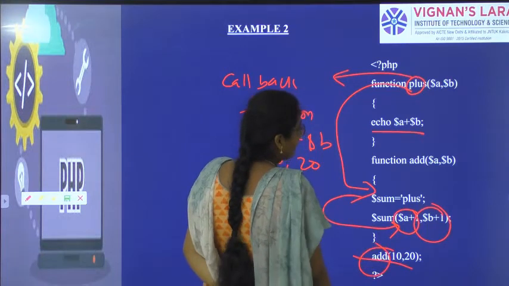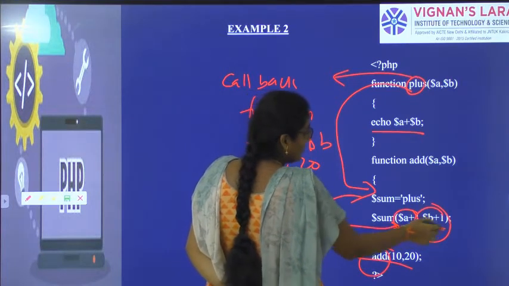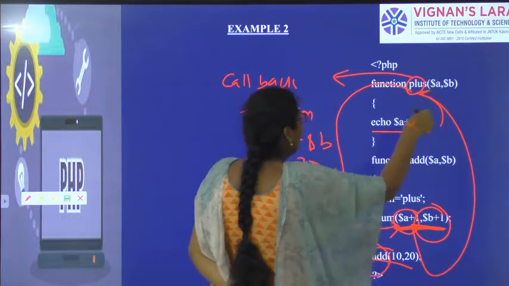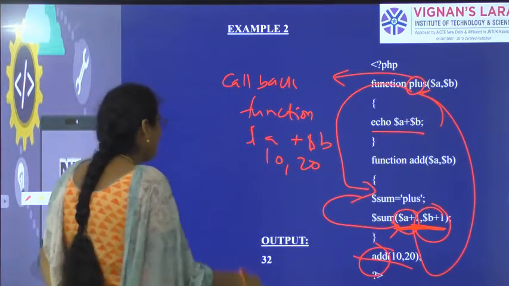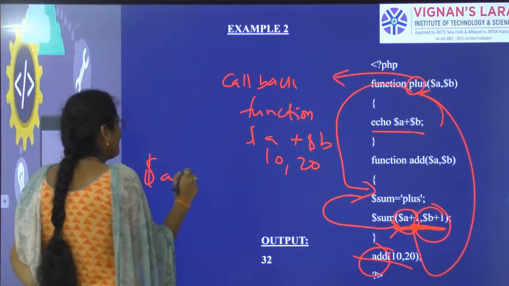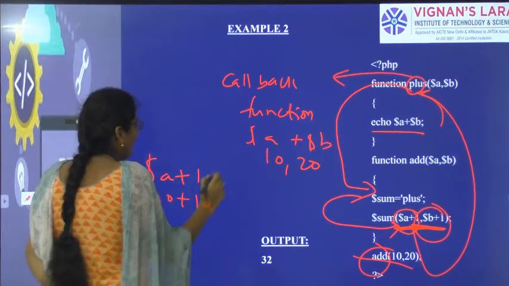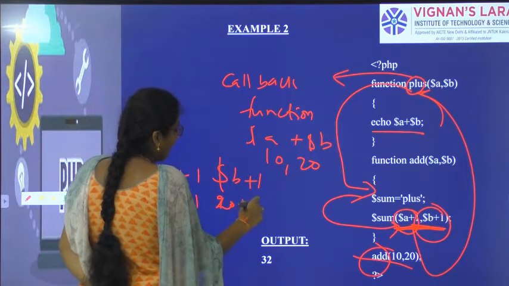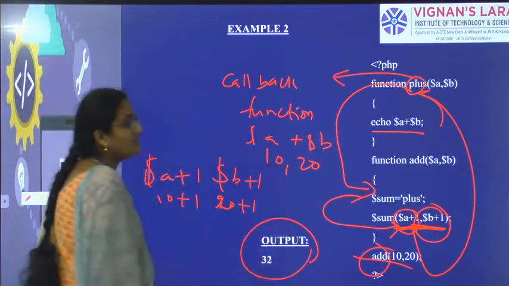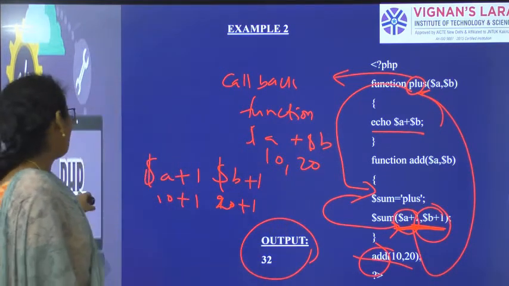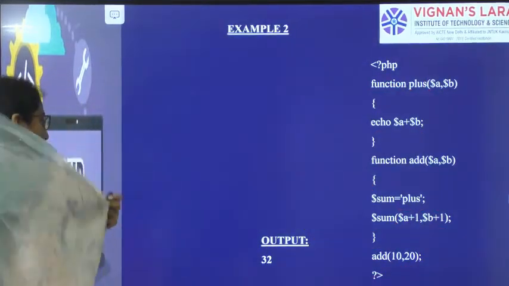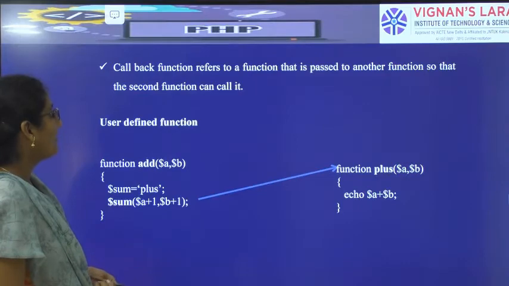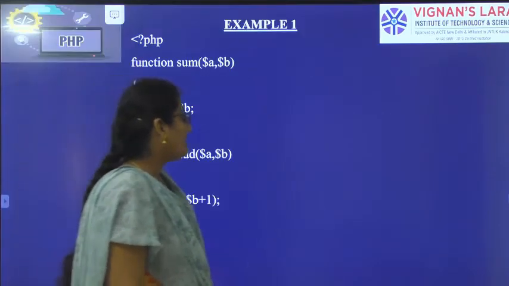Add is also a user defined function. This $a plus 1 and $b plus 1 will be again called by plus callback function. So what is $a plus 1? 10 plus 1. What is $b plus 1? 20 plus 1. By adding these two we will get the output 32. So this is about the functions. This is about the callback function. So from the beginning let us see once.